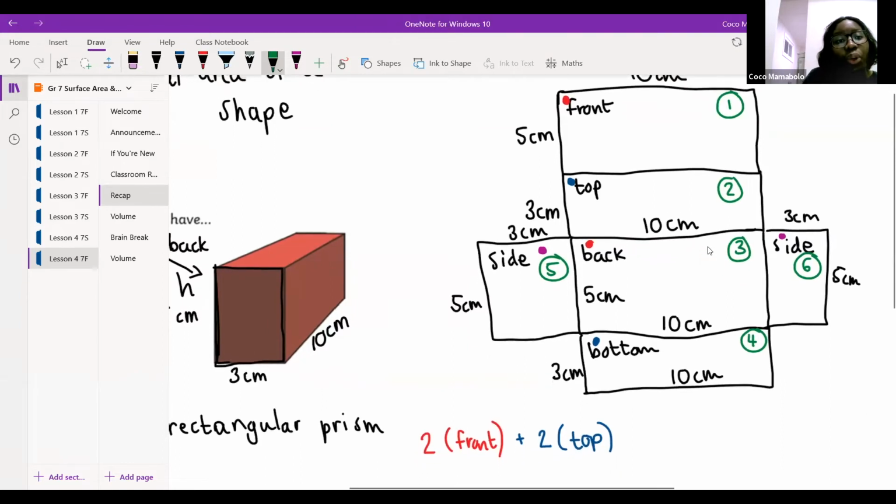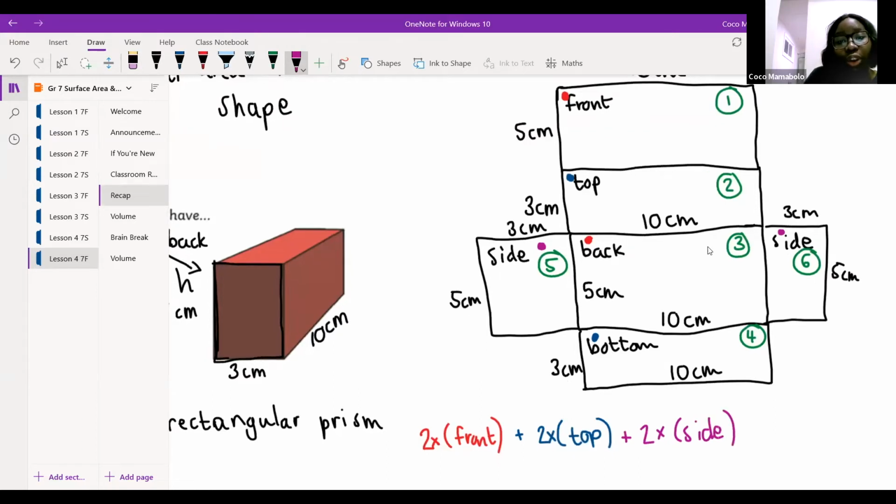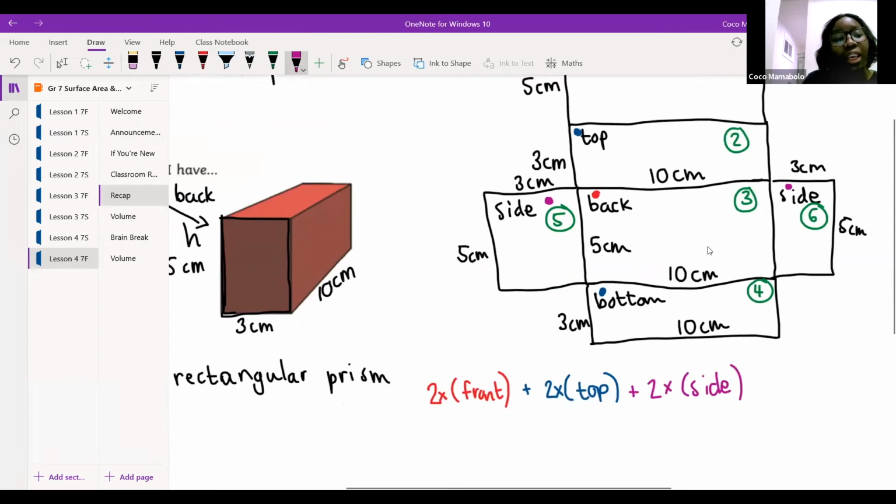But if you understand what I'm talking about down here, you are more than happy to use 2 times the front plus 2 times the top, and then I forgot my 2 sides that also look the same, plus 2 times the side. So you can choose which one you want to use to calculate the surface area.